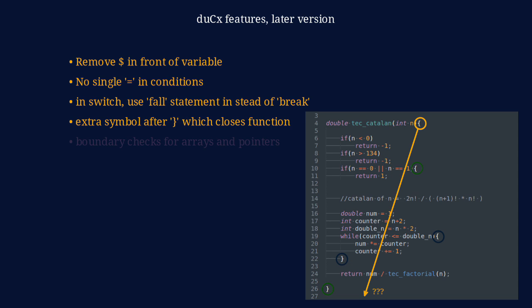So what I'm suggesting is, in future versions of ducks, I'm going to put an additional symbol, like maybe an asterisk, after the closing curly brace of the function. The consequence would be that the curly braces have to match, but you need a curly brace plus an asterisk to match the opening curly brace of the function.